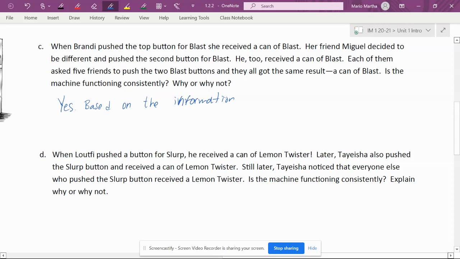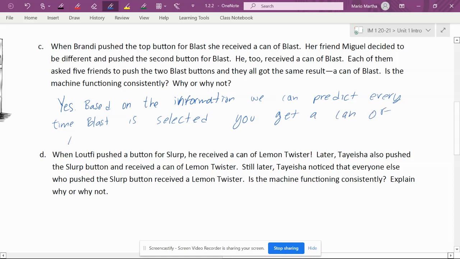Based on the information, we can predict that every time Blast is selected, you get a can of Blast.